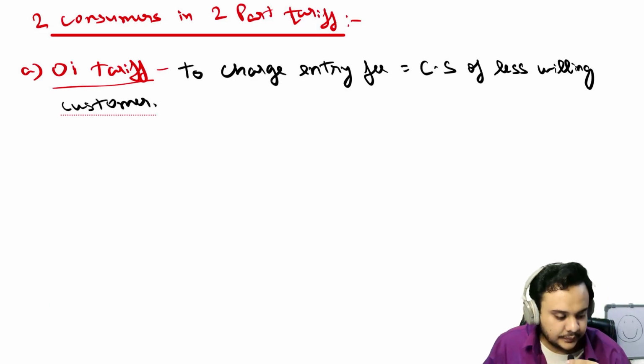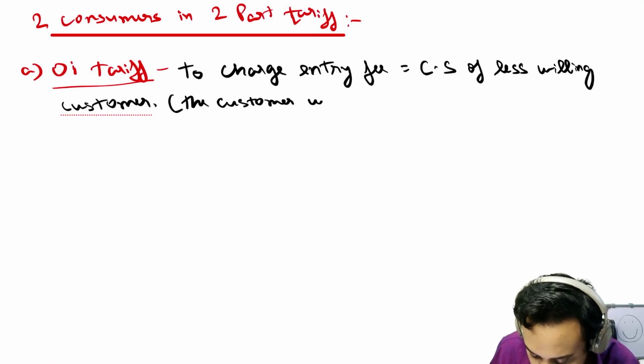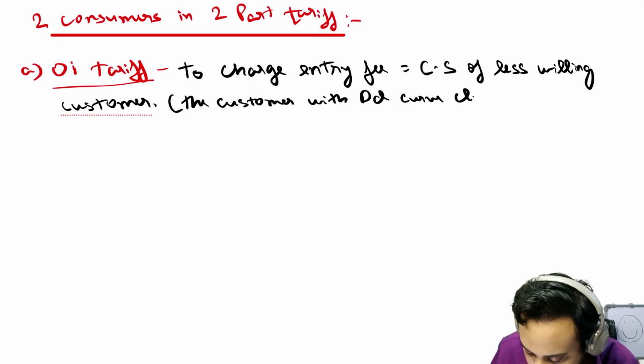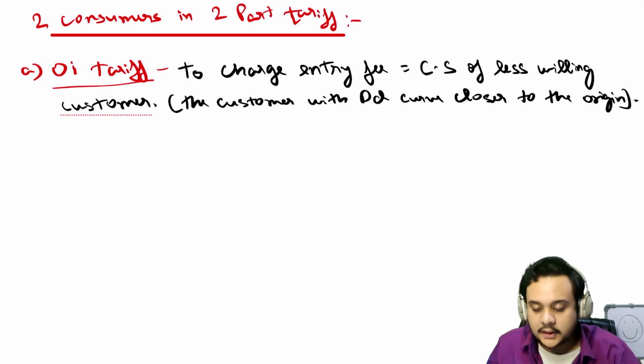Which means the less willing customer is the customer with the demand curve closer to the origin. What does this mean?